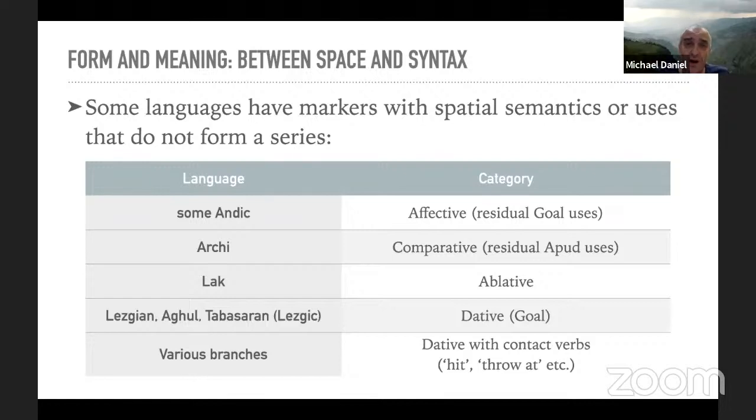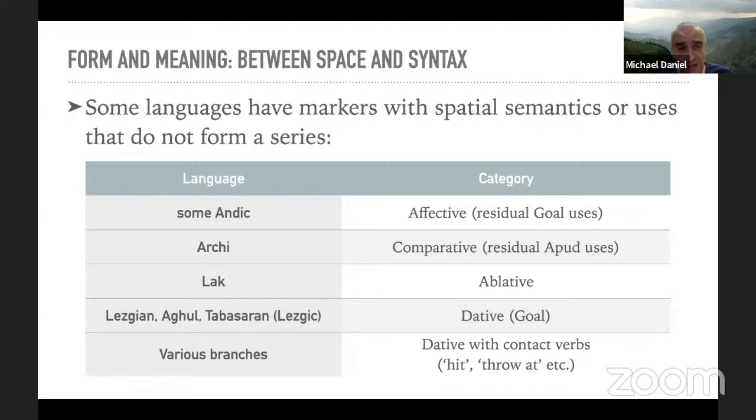Some languages have syntactic case markers with spatial semantics, or they have syntactic cases that are used in spatial senses but do not form series.